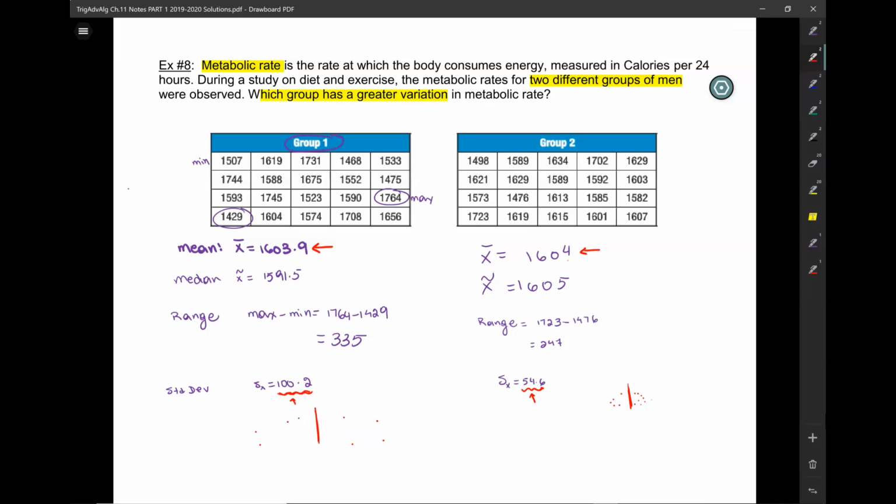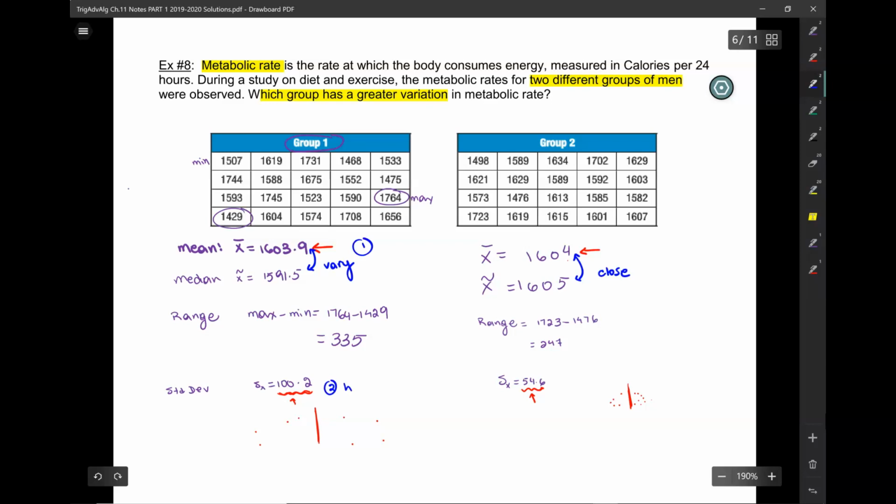Another good way to tell is take a look at the difference between the mean and the median here, and take a look at the difference between the mean and the median here. So in group 2, the mean and the median are very close to each other, but in group 1, the mean and the median vary from each other. So here they vary, here they're close. This is investigation number 1.